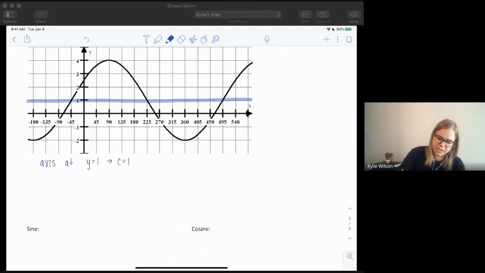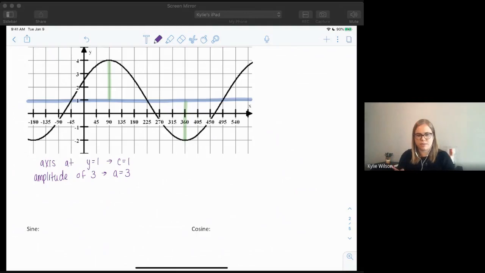Next, I'll look for my amplitude. To get to my max, it's 3. To get to my minimum is 3, which means I put my axis in the right spot. My amplitude of 3 tells me that my A value is 3. Next, I'm going to identify the period. Because I'm looking for sine first, I'm going to find the period of the sine curve.